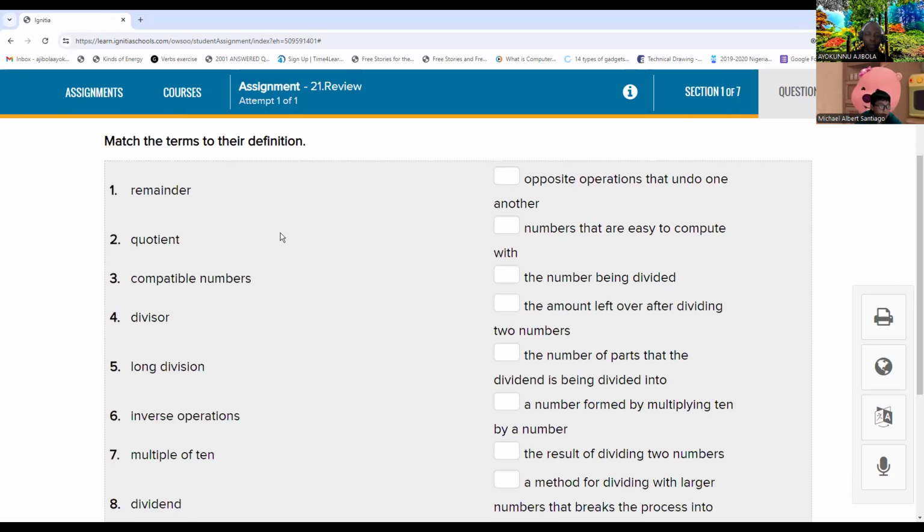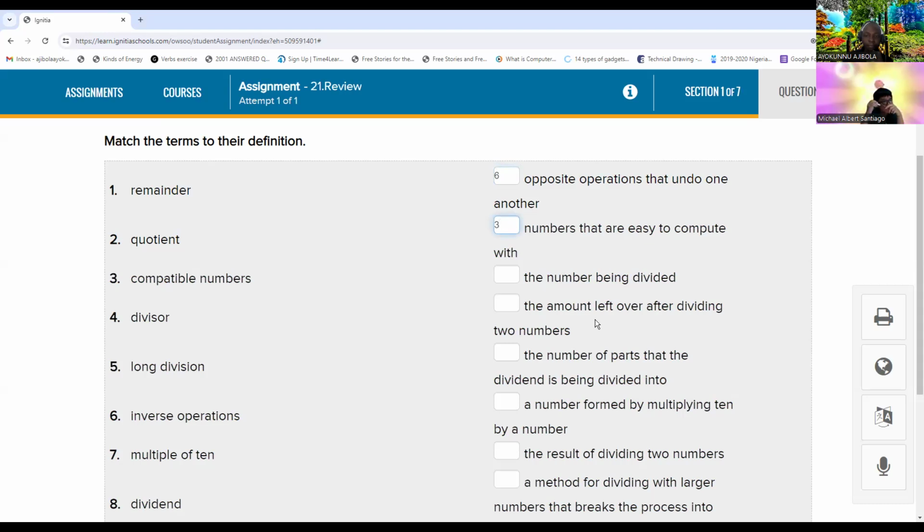Which one is the opposite operations? That is inverse, which is number 6, okay? Numbers that are easy to compute with are called what? Compatible numbers. That's number 3.